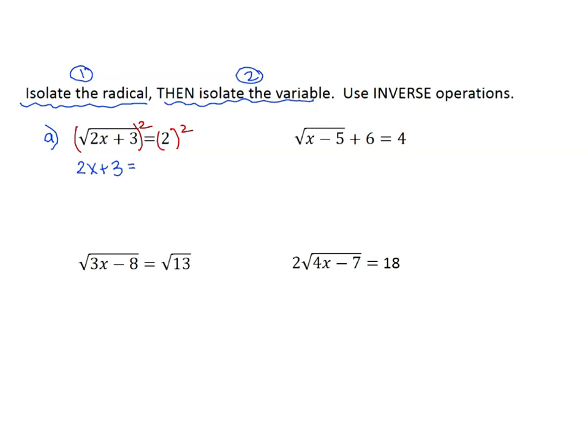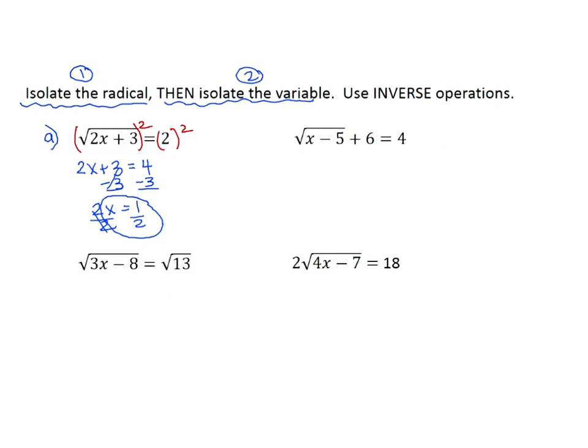And then on the right, 2 squared will give us 4. Then we just solve it as we would normally by using inverse operations. So we get 2x equals 1, and then continue using inverse operations till we get to our solution, x equals 1/2.